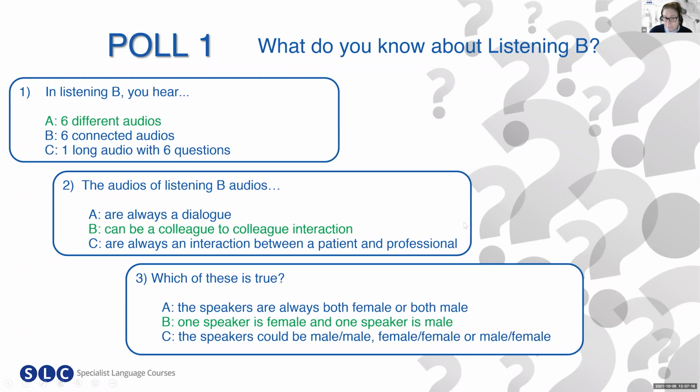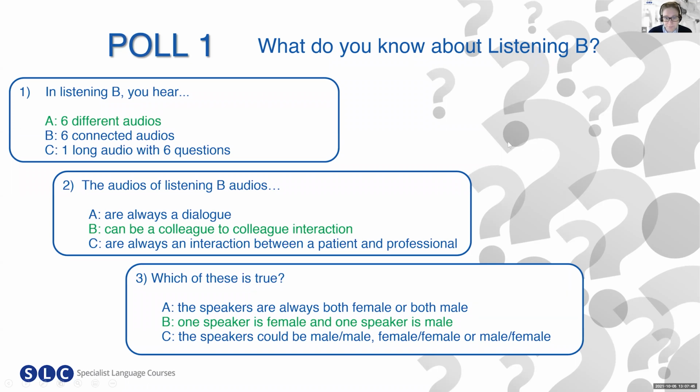That's listening A. What is always true is B: one speaker is always female and one speaker is always male when there's a dialogue. This helps you distinguish between the 2 speakers. That's a useful tip for listening B, that you know the person is changing when it goes to a female or male voice.